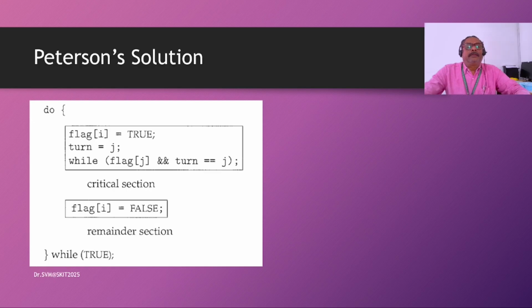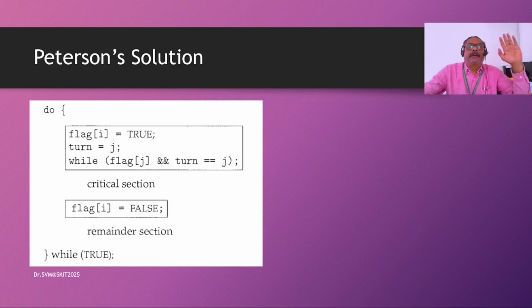And that's the code which we use for ensuring the critical section problem is solved. So here this is for process I. Whenever process I wants to get into the critical section, it will say yes, I want to get into the critical section, so it raises the flag.